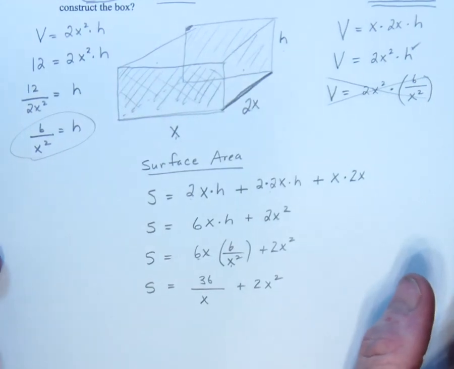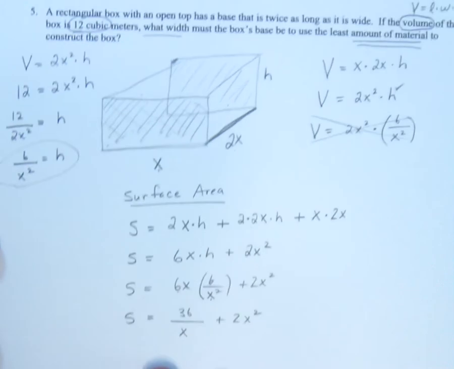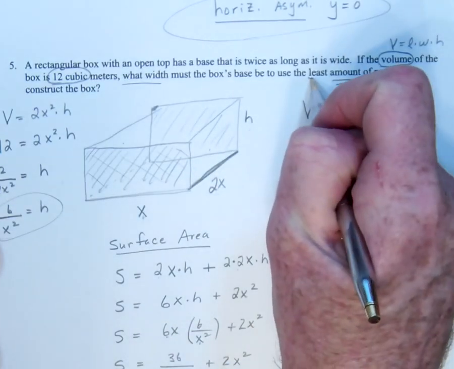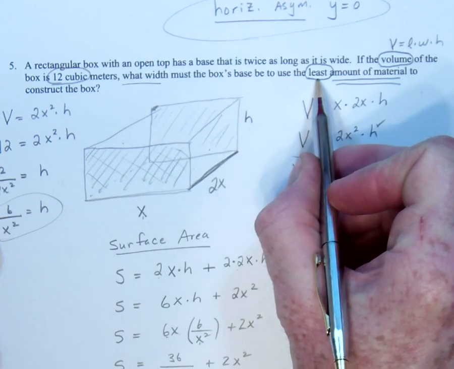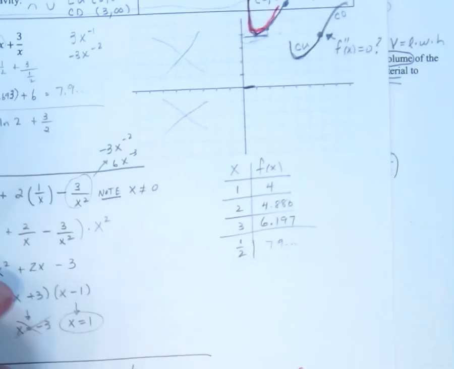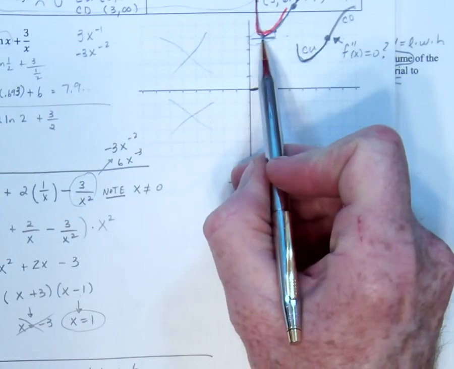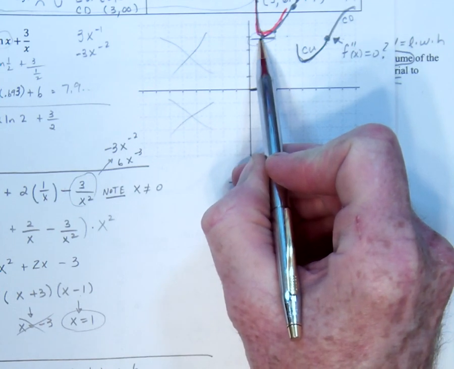And then we're supposed to find out the least amount of material. So this part right here is telling you set the derivative equal to 0 and find the minimum. Just like we did on that previous problem right here, this was the minimum when x equals 1 and the derivative equals 0 there.